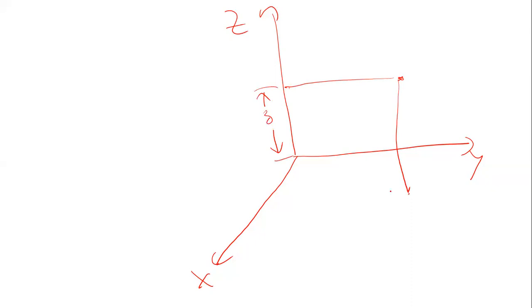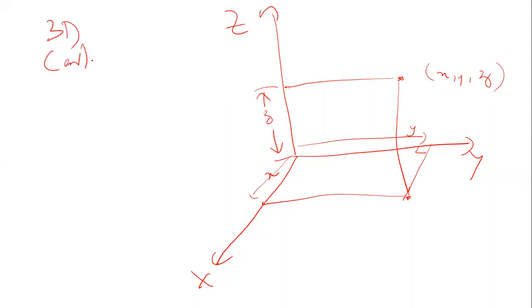If you draw a perpendicular on the xy plane, and from this point draw a perpendicular on the y axis, this is going to be your y coordinate value. This is going to be your x coordinate value. Once x, y, and z coordinate values are known, then you can identify the point in the 3D Cartesian system.